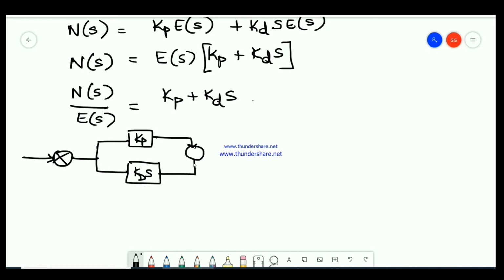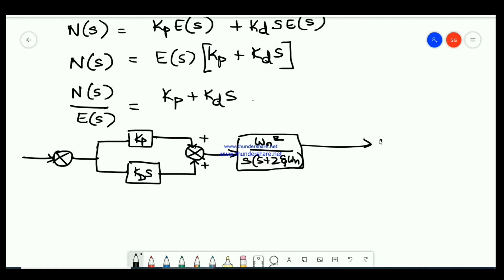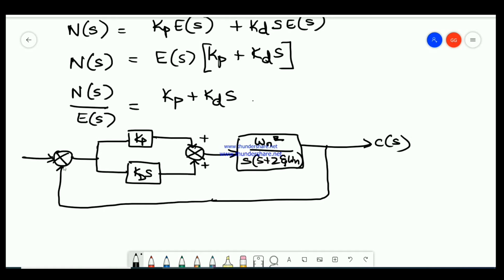Both are positive, connected in parallel to a common summing point, and the output is given to the forward path gain of the second order system, which is omega n square divided by s into (s plus 2 zeta omega n). Output is C(s), and then negative feedback is taken from the output, with R(s) positive.